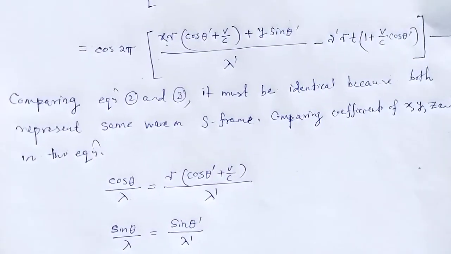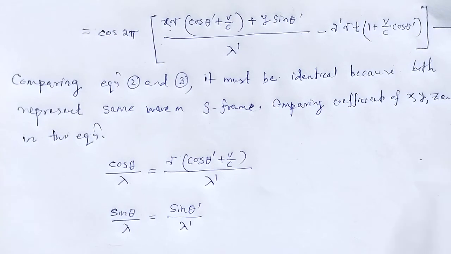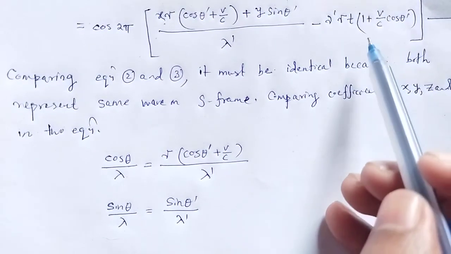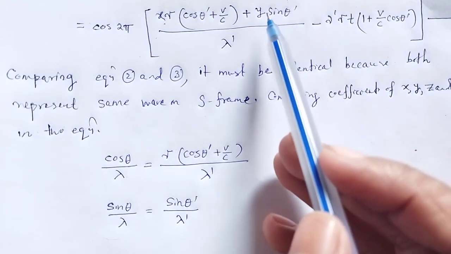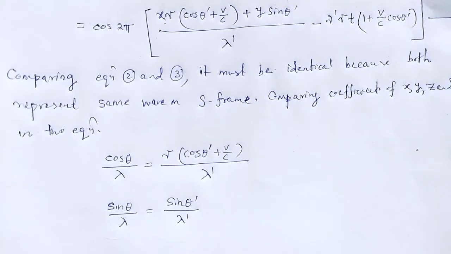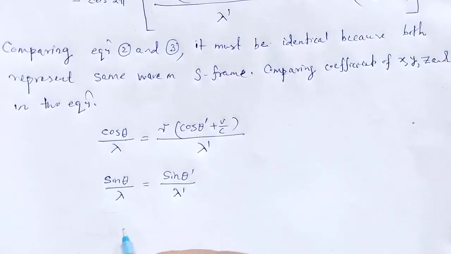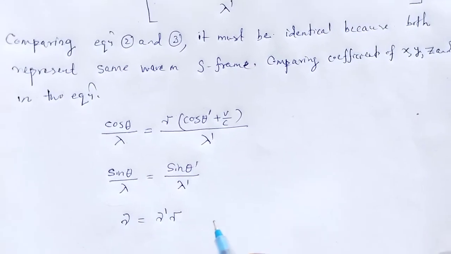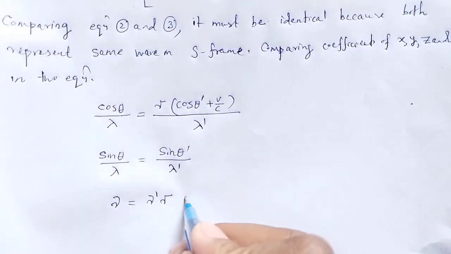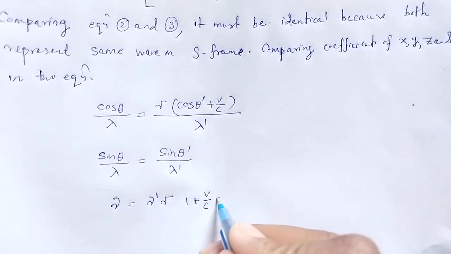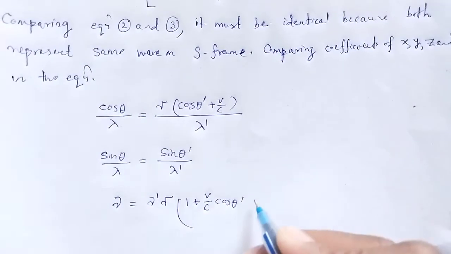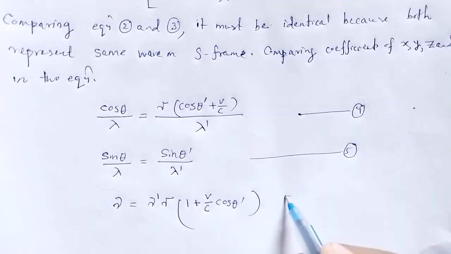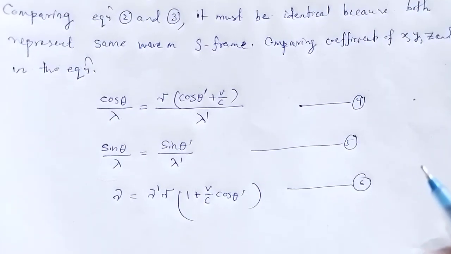Again the coefficient of time t: since there is no such term, the coefficient of z is 0, and the coefficient of time t gives nu is equal to nu dash gamma 1 plus v by c cos theta dash. These are equation number 4, equation number 5 and equation number 6.